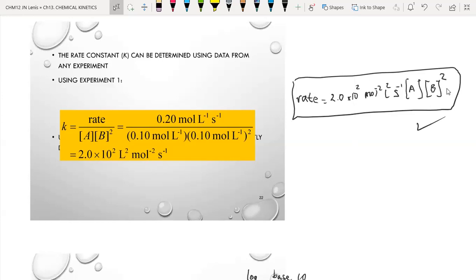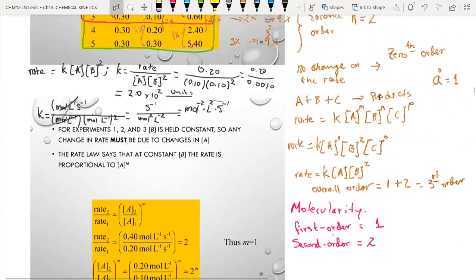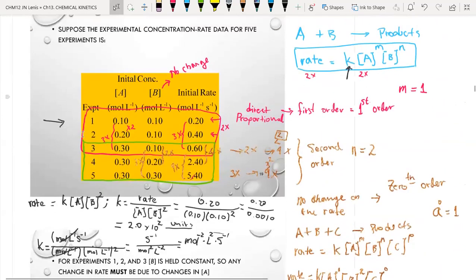For example, if the reaction consumes 0.1 mole of A, the particular reaction, according to this experimental data, if the reaction consumes A at the rate of 0.10 moles per liter per second, how much will you get after 10 seconds?